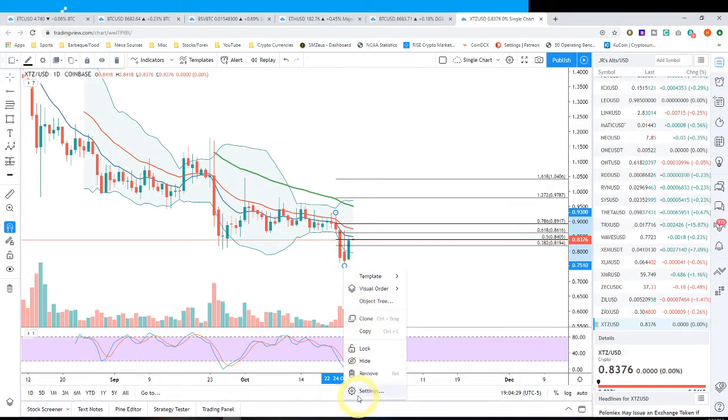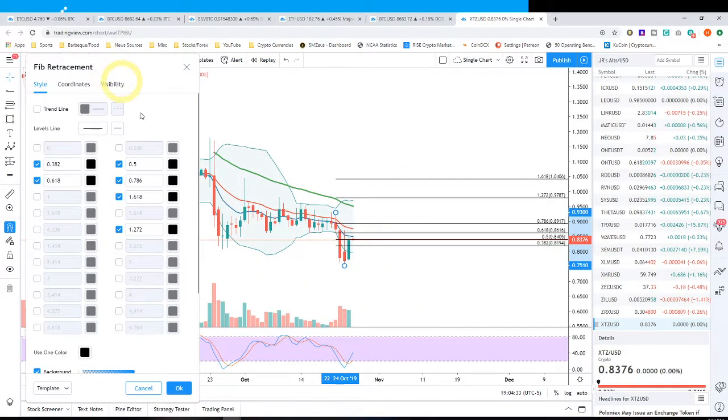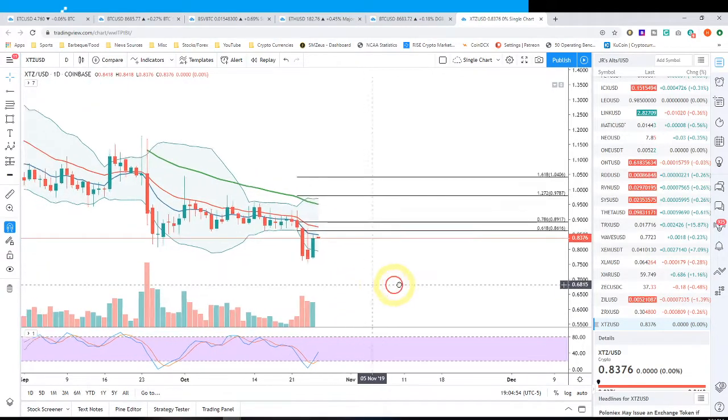I'm going to change the settings, move this out of the way. We've broken the 38.2. We've broken the 50. And we'll leave the 61.8 on there because it was very close, marginal.